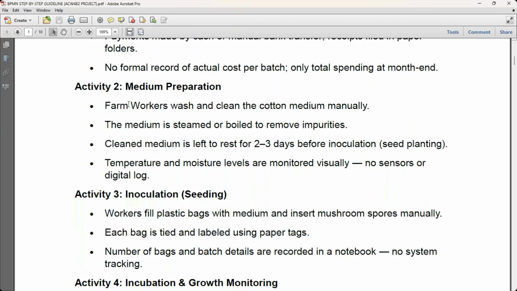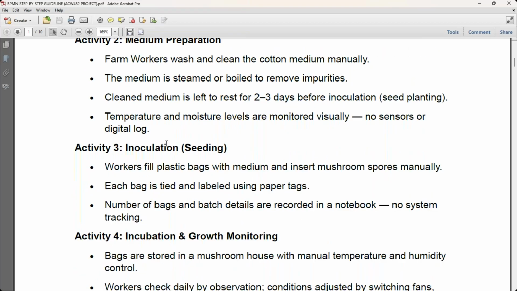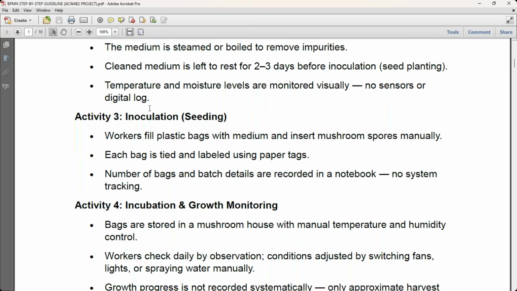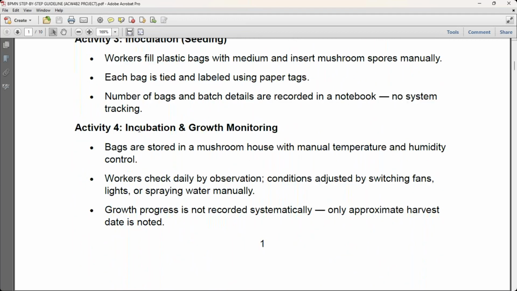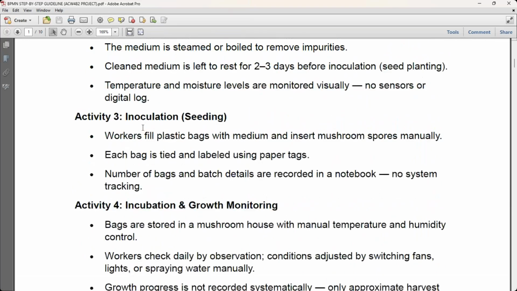Like for a paddy field, you need to settle the ground first, and only then can you seed the rice. But over here, with the mushroom, first you prepare the medium, then you start incubation, where the seeding of the mushroom happens. Then after incubation and growth monitoring, you do your harvest. These are the processes.